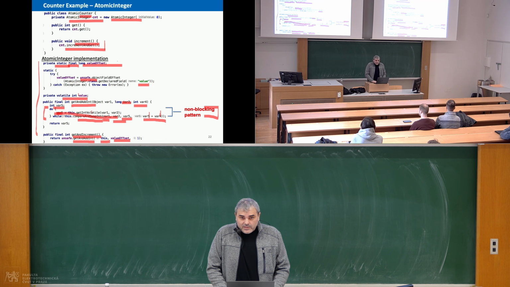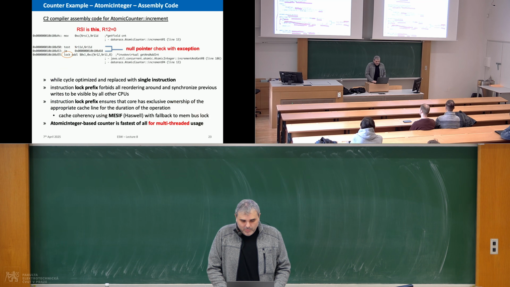It looks complex just for a simple thing like atomic integer. But actually, if it gets compiled on, for example, a CISC architecture like Intel, you can see this is the result of assembly code of that increment method.